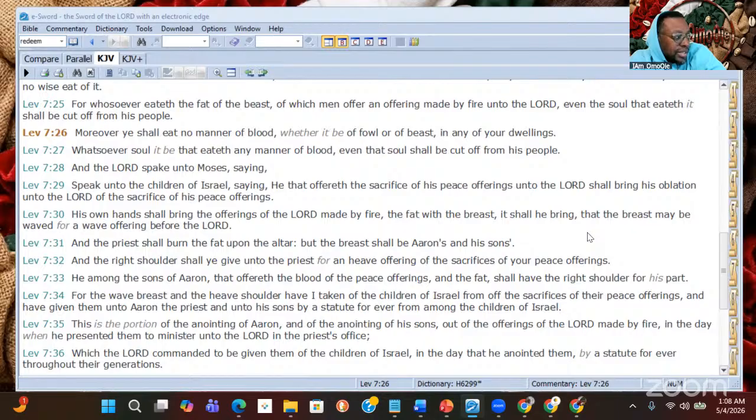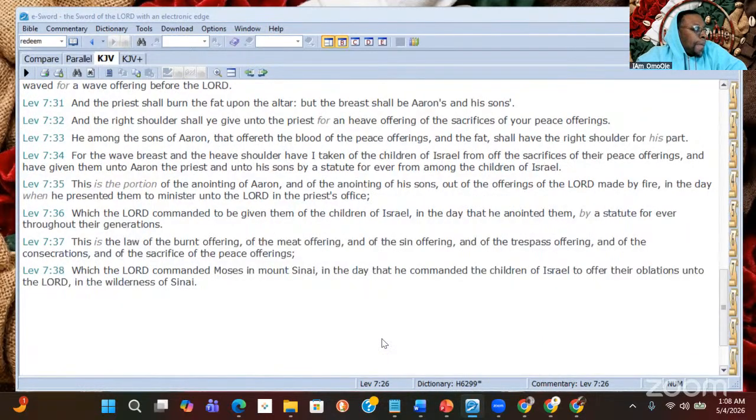This is the portion of the anointing of Aharon and of the anointing of his sons out of the offerings of Jehovah made by fire, the day when he presented them to minister unto Jehovah, the priests' office, which Jehovah commanded to be given them of the children of Israel in the day that he anointed them, by a statute forever throughout their generations.